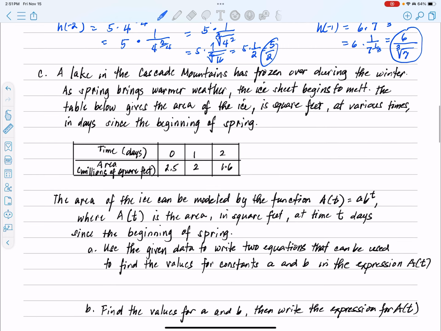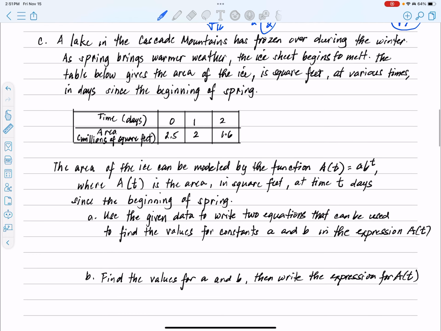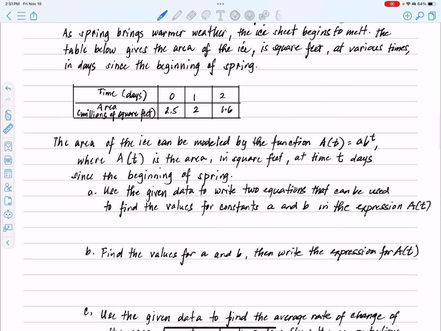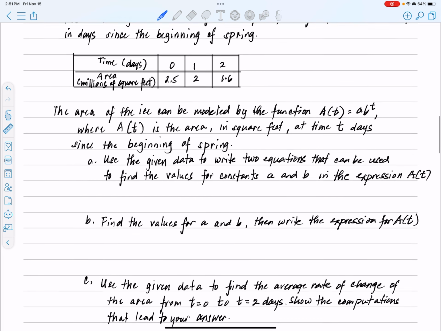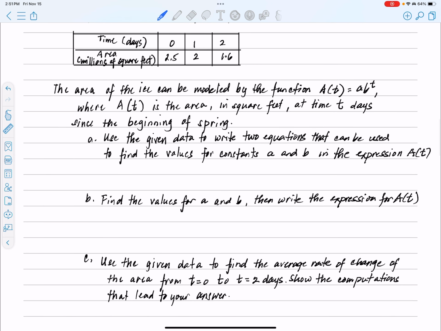So you have time in days: 0 days, 1 day, 2 days. The area is 2.5 million square feet at 0 days, 2 million square feet at 1 day, and 1.6 million square feet at 2 days. The area of the ice can be modeled by the function A(t) = a·b^t.